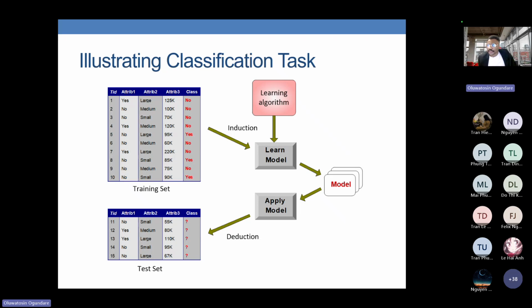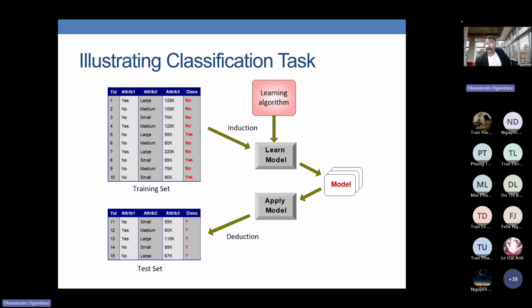All right, so let's now use this idea to solve a classification problem. We would run with a data point that has three features, or three attributes, or three columns, right? The first attribute is a binary attribute.